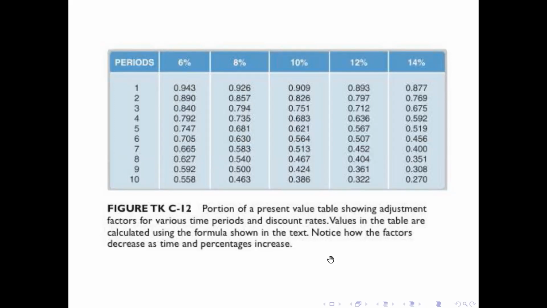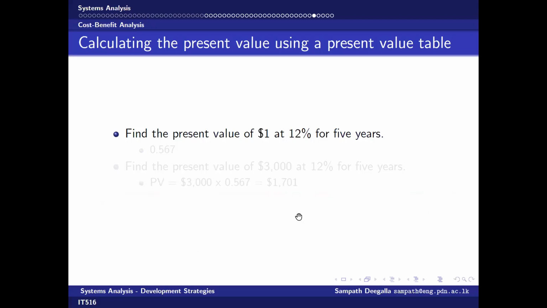So for example, to have $1 in 10 years' time, the factor is 0.558. So you can calculate cumulatively what will happen. Now let's look at some examples.